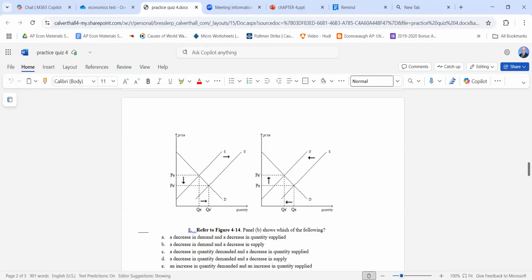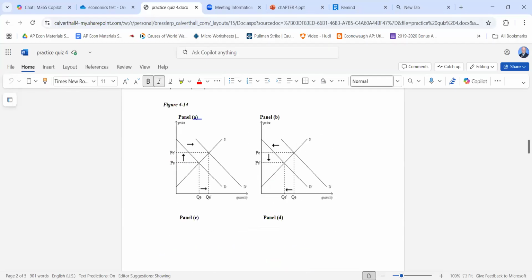If the price of Coke goes up, people buy less Coke, so the demand for Pepsi goes up. So they both go in the same direction. In that example, if the price of Coke goes up, and this is the Pepsi market, we're going to see panel A. The demand for Pepsi shifts right and goes up like that.